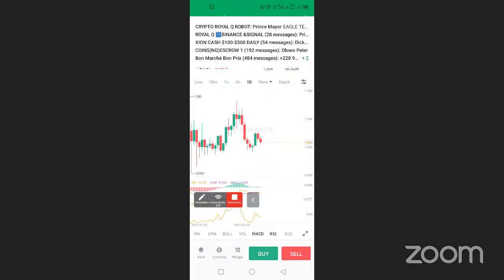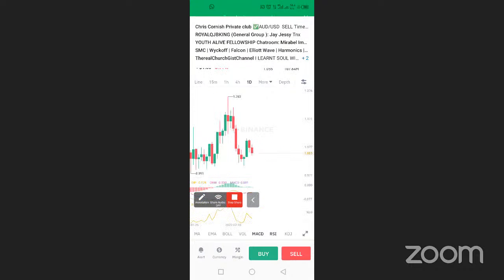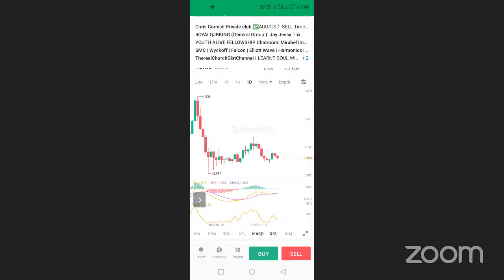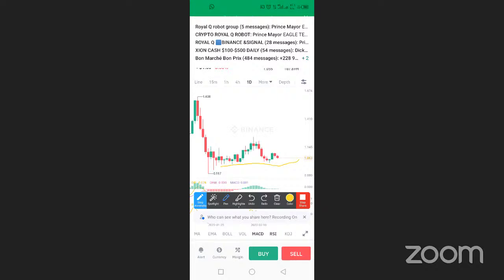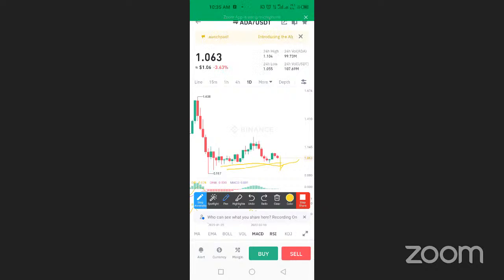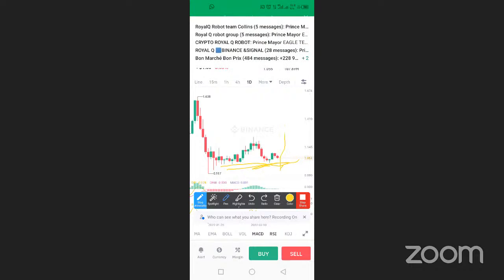So it may do a retest here. At this very strong support, it may sell up to this place. You understand? But if it's not breaking this place, which means definitely we still have a strong support.